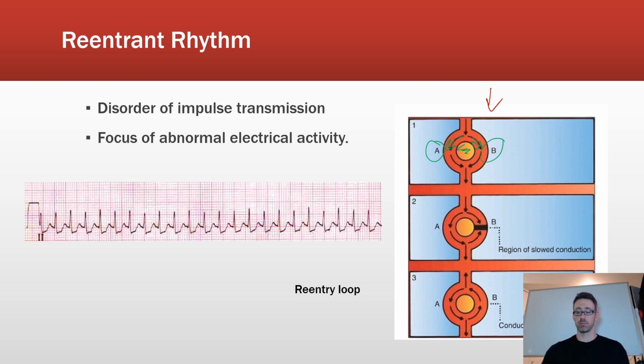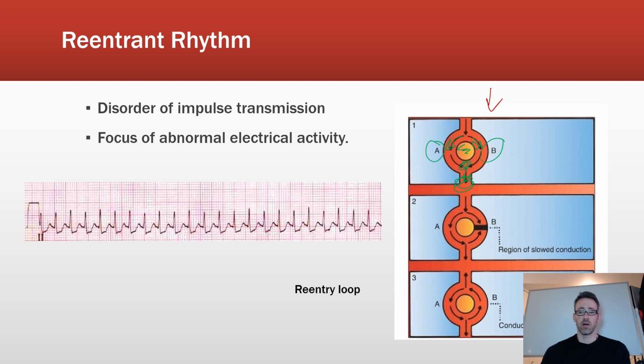It's not moving backwards, because everything it's already depolarized is now in what we call a refractory period, so they're not able to be excited again. And if these two waves, A and B, were to meet each other at this point here, they would not go up the circles and around again, because all those cells would already be refractory. Instead, that would just push the pathway in one direction that way, because this tissue down here has yet to be excited and will start to fire and so on. And so that's typically what happens.